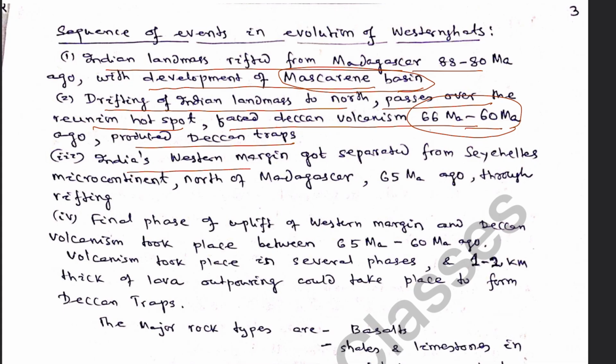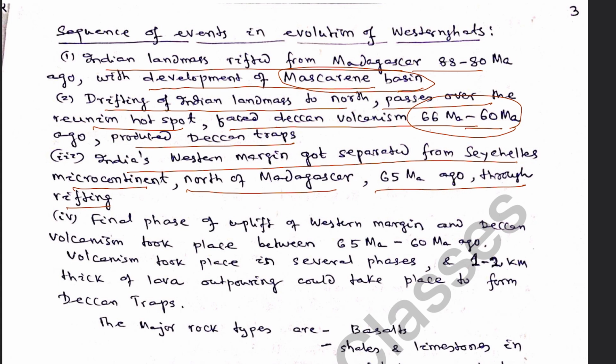And India's western margin got separated from Seychelles, which is a microcontinent in the Indian Ocean, towards the eastern side of the African landmass, and it is towards the north of Madagascar. And this separation took place about 65 million years ago through a rifting.